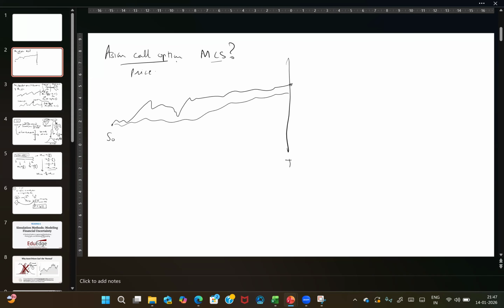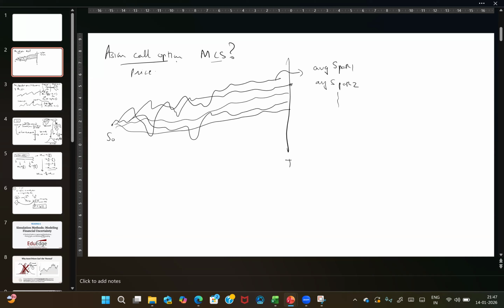And that is true for different paths. So in Monte Carlo simulations, you are going to model various kinds of paths. For every path, we will have to calculate the average stock price, say on path one, similarly the average stock price on path two, and so on. Once we have that, we feed that into a payoff function, which is nothing but max of average stock price minus K, comma 0.